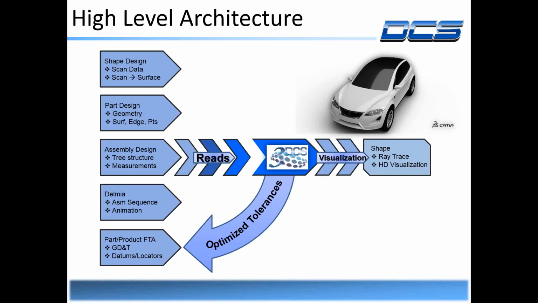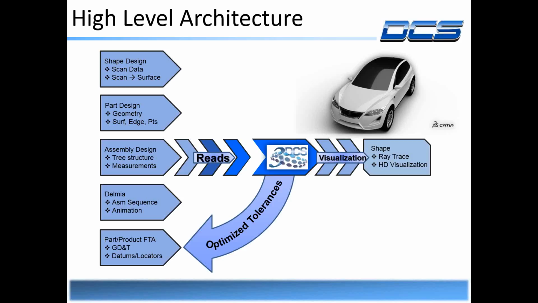So the benefits of being able to quickly pick primitive elements like points and edges and lines, just single surface entities is what we support. In the assembly structure, the way the product tree is defined is we leverage that. Whether there'll be measurements that are defined within CATIA, we'll leverage that. We talked about the assembly sequence and the product FTA.